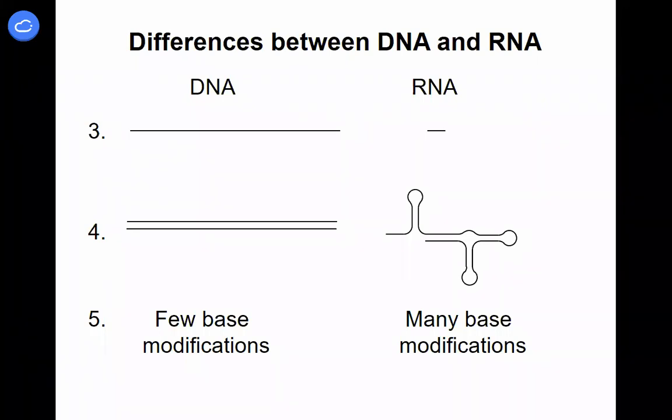And then the fourth point here is that DNA, typically you get 2 complementary strands coming together to form a double helix, and that extends pretty much the entire length of the DNA, almost. Whereas RNA, you tend not to have complete complementary strands coming together. In fact, typically you'll have a single strand that is by itself without a complementary strand.